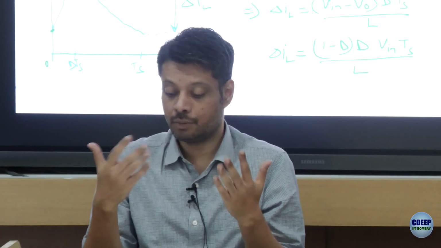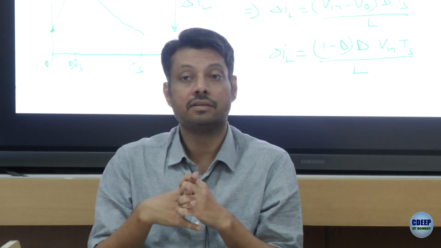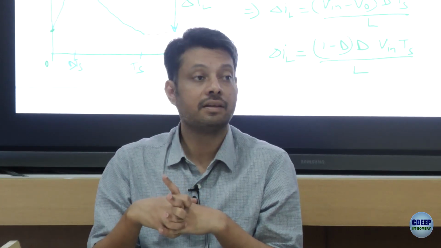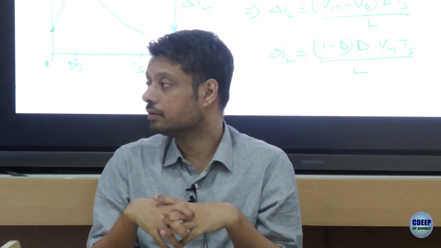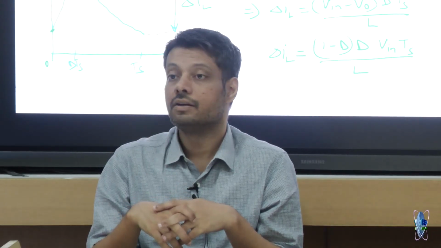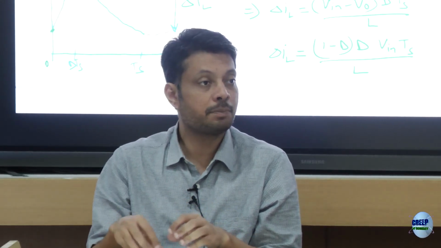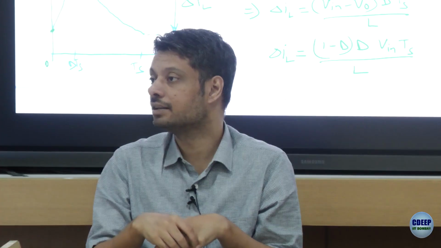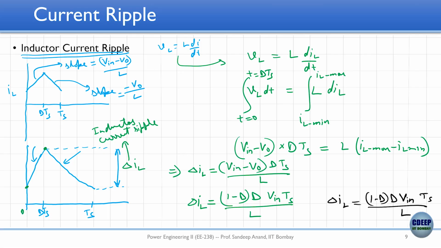If I increase the frequency, the ripple will be decreased. Is that okay? There is a switching frequency part in this expression, right? Which one is that? Ts. Ts is nothing but equal to 1 by Fs. So if I increase the frequency, that means I am reducing the time, that means I am reducing the ripple current. Alright.